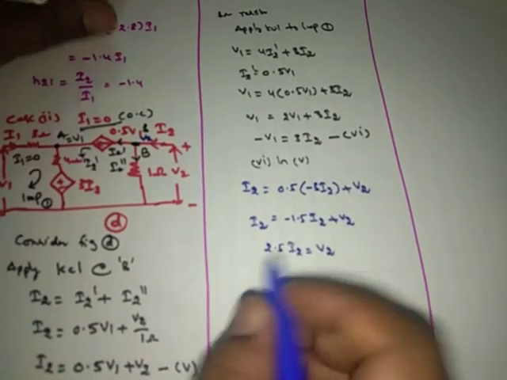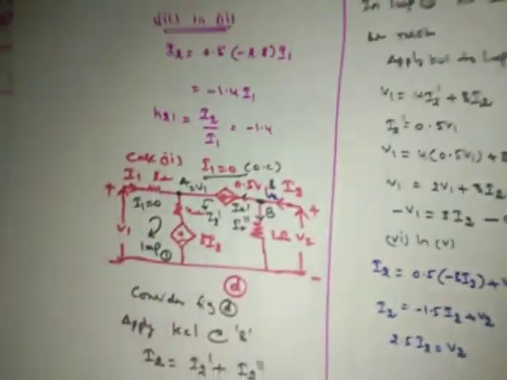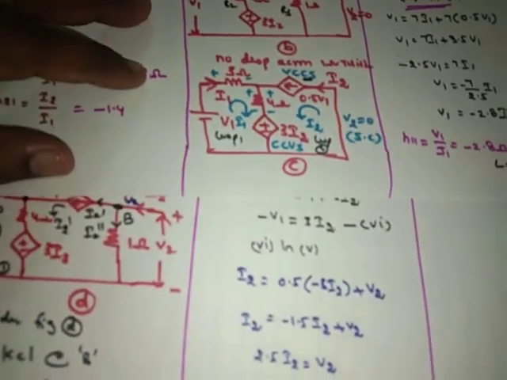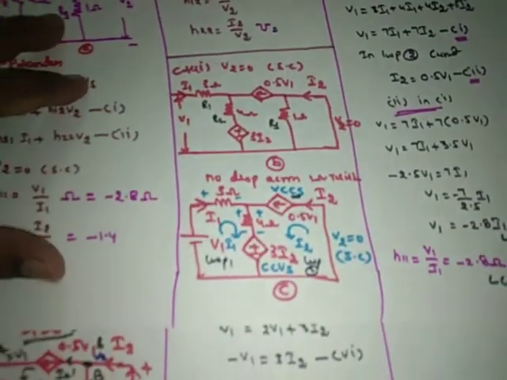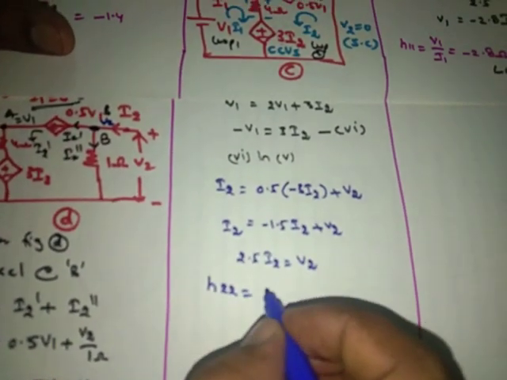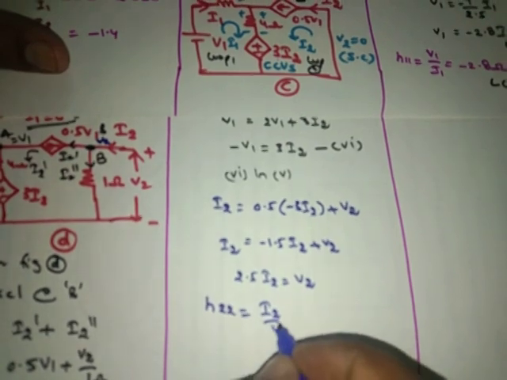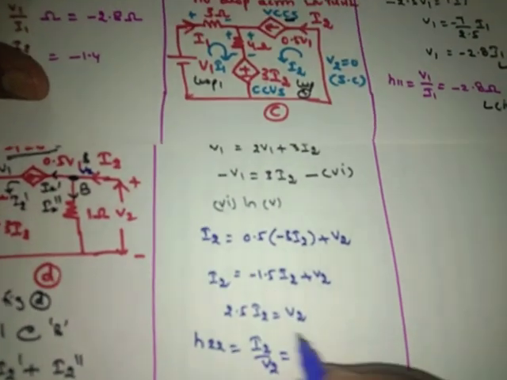So now from that there is one more relation, that is H22. Here H22 is equal to I2 by V2.